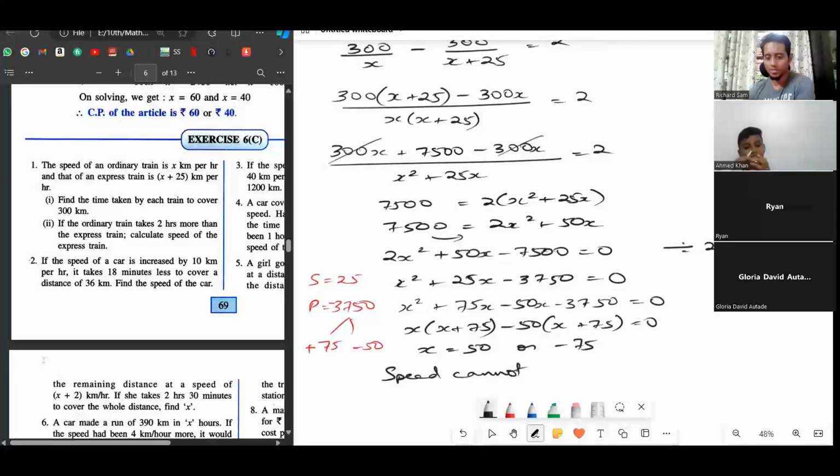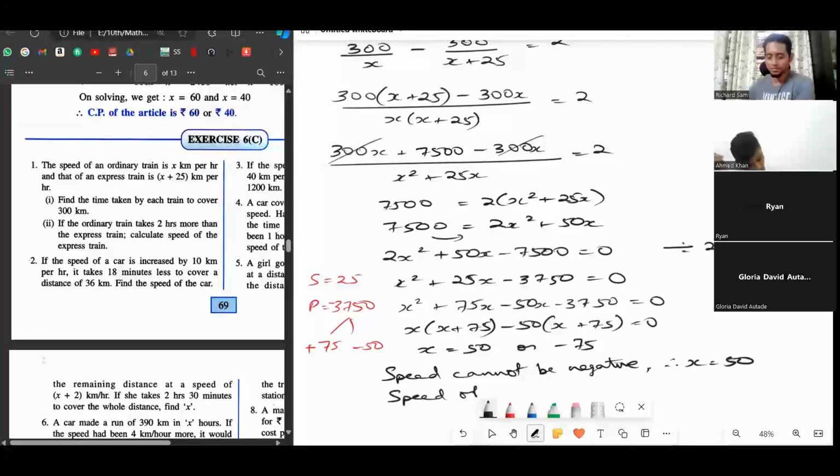You have to write that statement. Speed cannot be negative. So we don't take minus 75. Okay. Therefore, x is equal to 50. That's the value you're taking. Now the question is, what is the speed of the express train? So speed of express train is what?